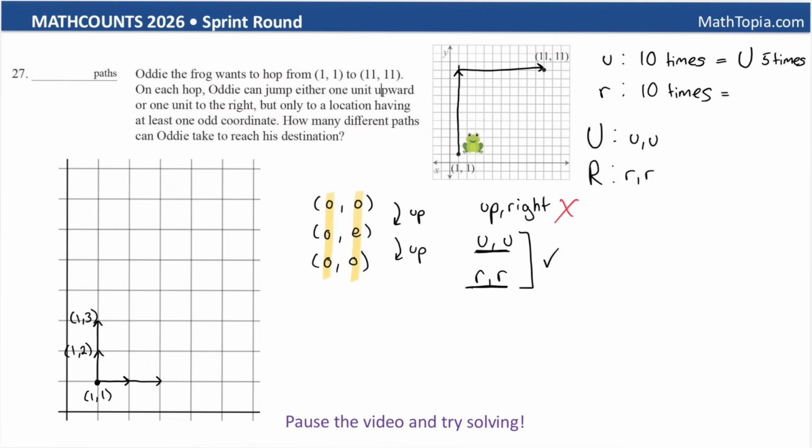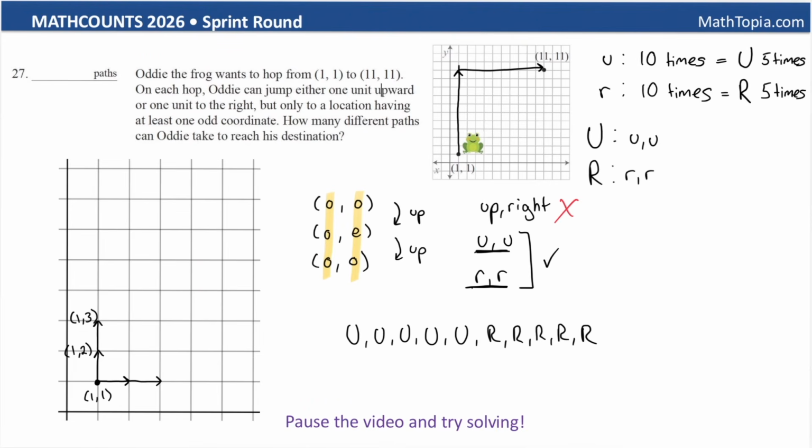And that's the same thing as him going right twice, so capital R, 5 times. So now to count the total number of paths, this just becomes how many ways we can arrange 5 uppercase U's, so 5 times that he moves up twice, and 5 uppercase R's, so 5 times moving right twice.